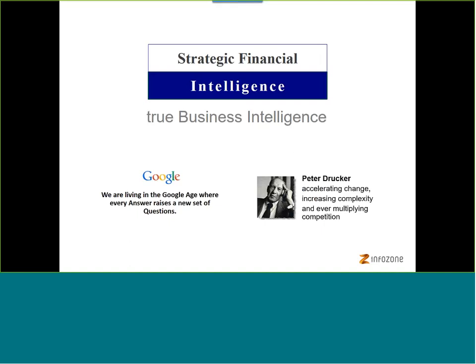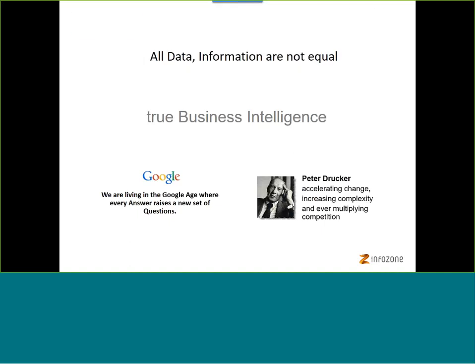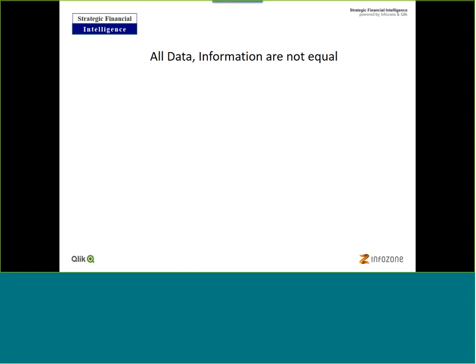And what we have to work with is a staggering amount of ever-increasing data. And then what we have to realize is all data and information are not equal. The first thing I want to touch on is the Pareto principle, that most probably 80% of the value will come from 20% of your data. So just think about that for a moment. And then second to the Pareto is actually a better example.